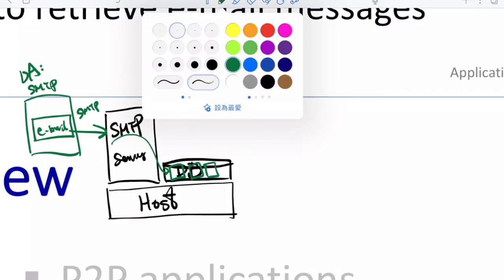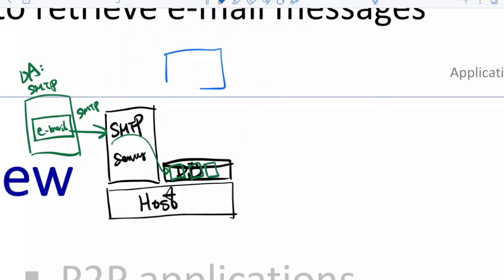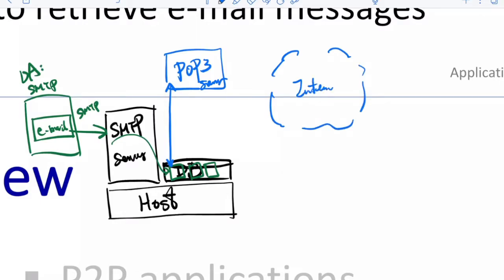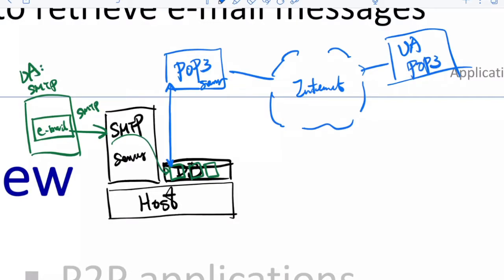However, as we mentioned before, we may have a POP3 server. That POP3 server can access the mailbox on the database server, and through the internet communicate with the POP3 agent using the POP3 protocol.